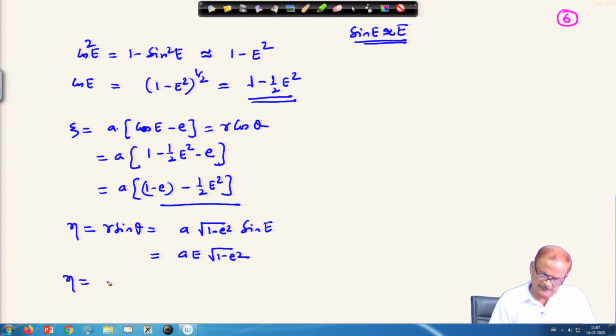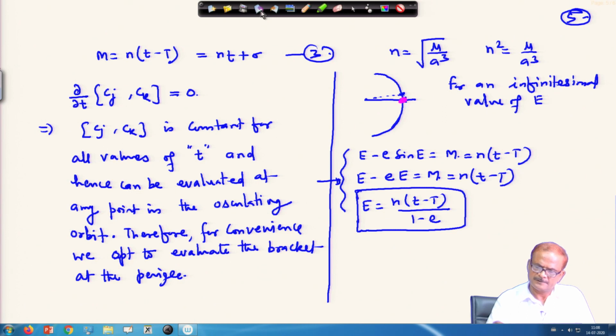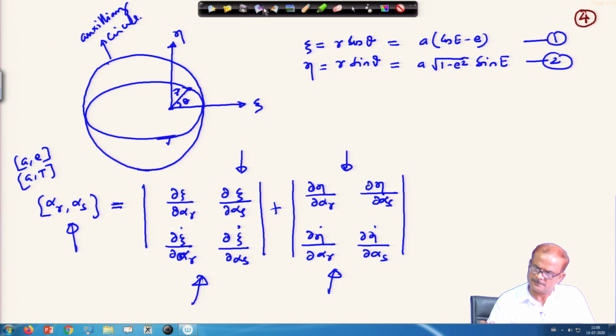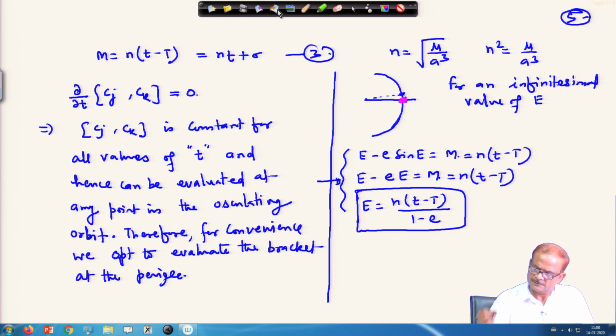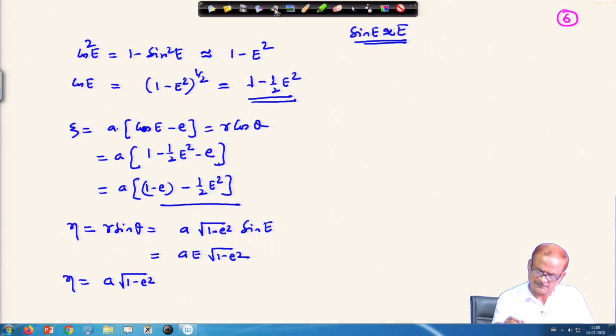So eta then can be written in terms of E, which we have written here somewhere. You will use this equation and insert it in this place. So eta becomes then, eta we can write as, this was n t minus tau divided by 1 minus e.